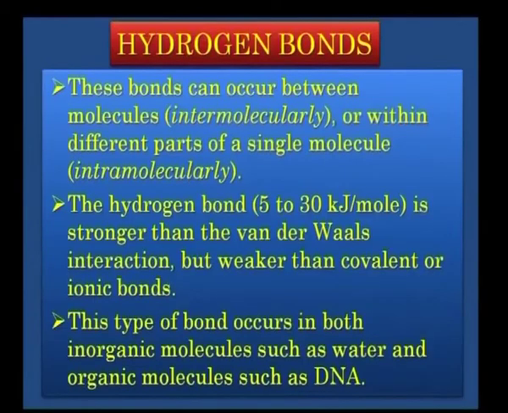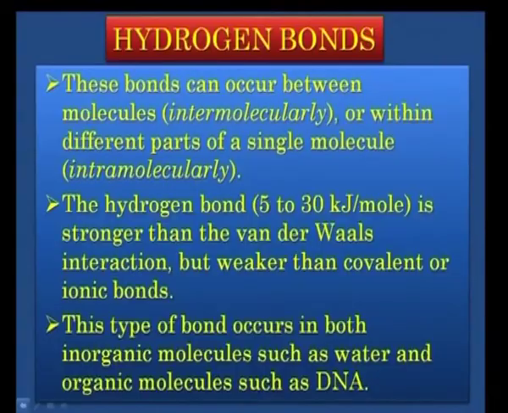These bonds can occur between molecules or within different parts of a single molecule, either intermolecularly or intramolecularly. The hydrogen bond is stronger than the van der Waals interaction, which we will be discussing later, but weaker than covalent or ionic bonds, right. Hydrogen bond, remember, is stronger than the van der Waals bond, right. I will come to the van der Waals bond a little later.